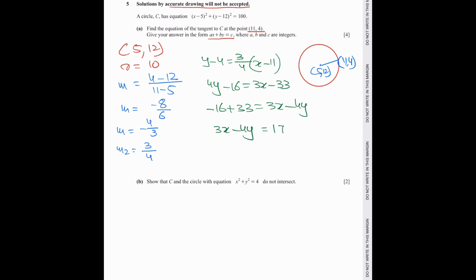So this is your required equation of the tangent. This is your answer for part A.